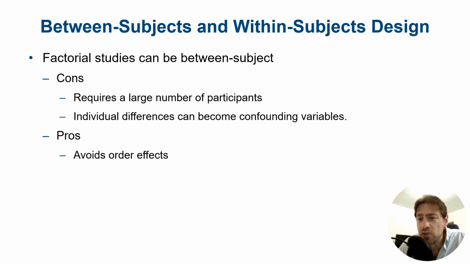The scores are independent from each other, which avoids order-related biases and confounds. So this design is best when a large number of participants are available and individual differences are relatively small or can be minimized, and where order effects may be a problem.